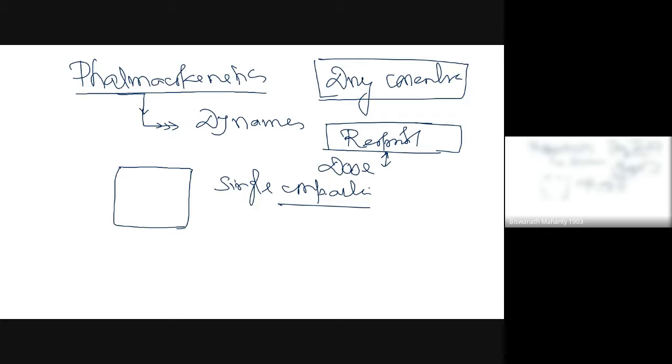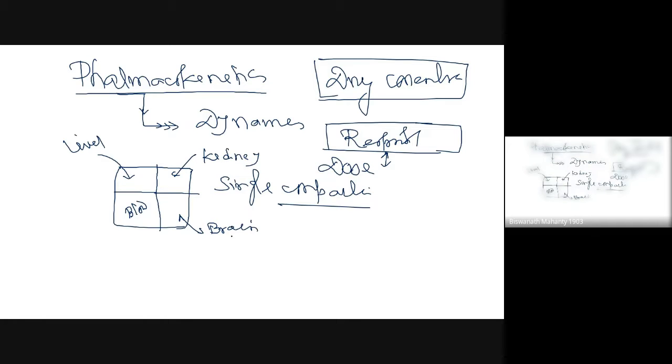Many people use multiple compartments. What are the multiple compartments normally people consider? The first compartment they normally consider is the blood as a separate compartment, and a few specific organs, very important organs from our pharmaceutics perspective: liver, kidney, and sometimes we also consider the brain.